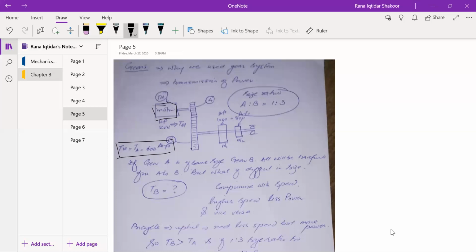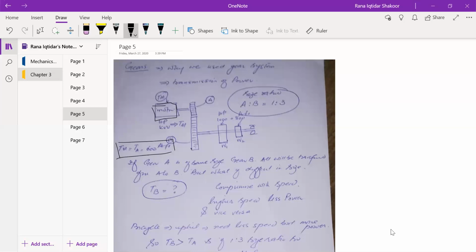If you remember, you use the car, okay? In a car, when you need to go uphill, then you have to come to the lower gears, like first gear or second gear. You get more power in first and second gear, but lesser RPMs, or lesser speed of the car, right? And when you are going on a smooth road, you go to fourth and fifth gear.